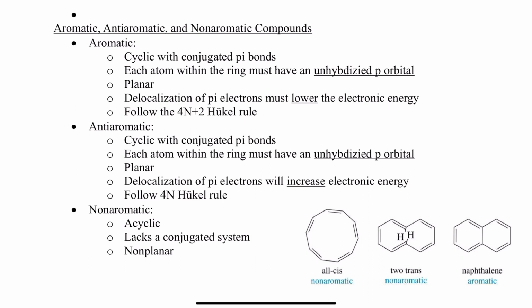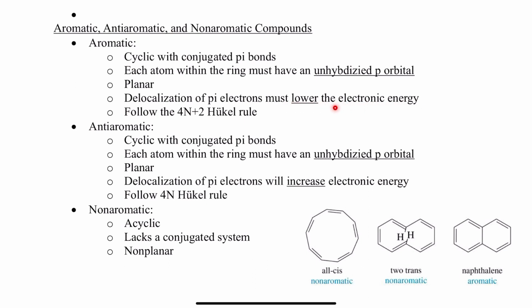To be aromatic, the structure must also be planar. And anytime you have an sp3 hybridized carbon in your structure, automatically that is non-planar. So these two points kind of coincide with each other. Also, whenever we delocalize our pi electrons in that ring, it must lower the electronic energy.